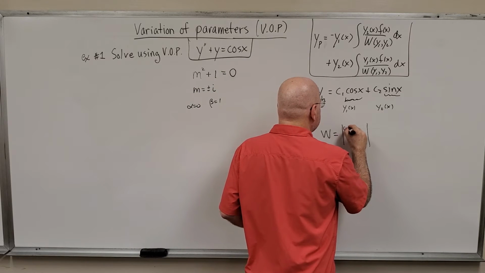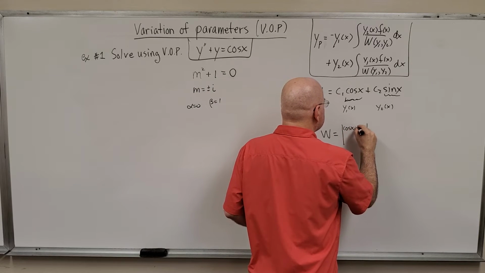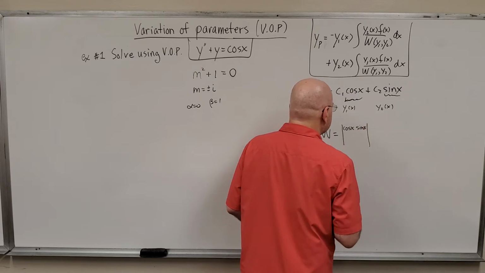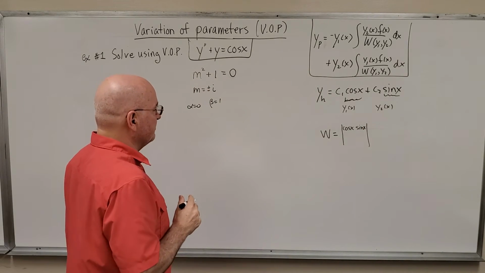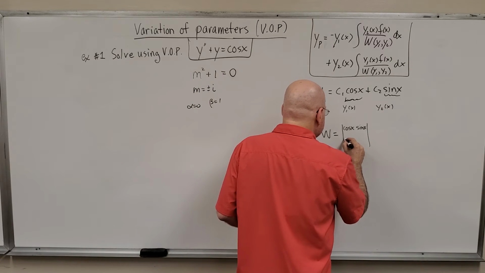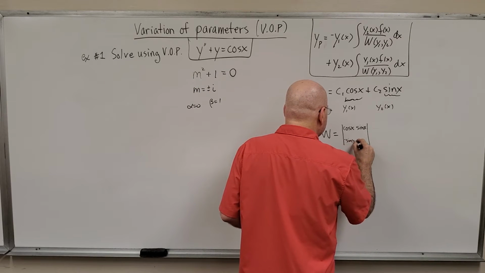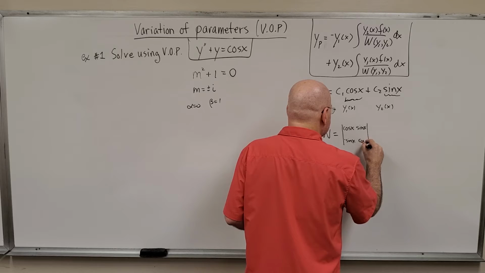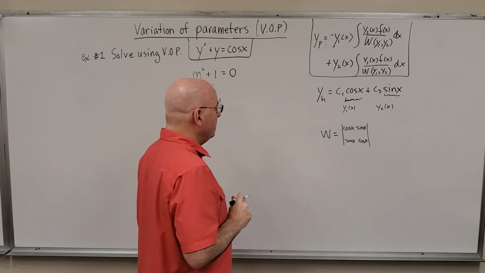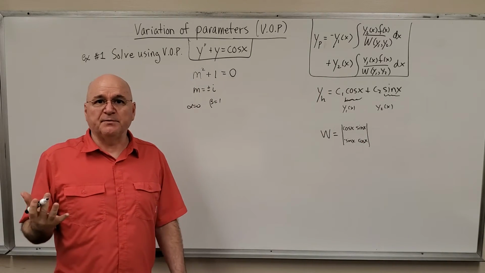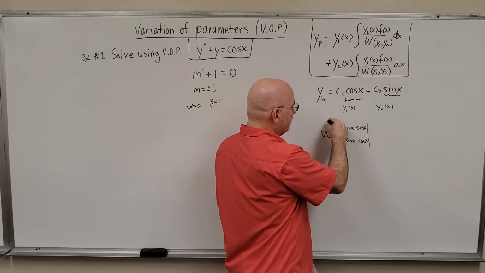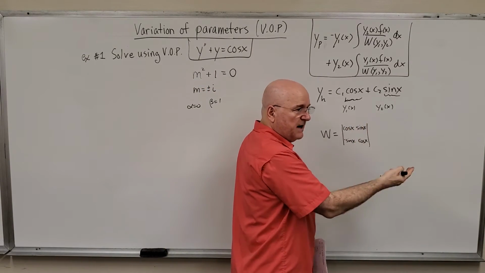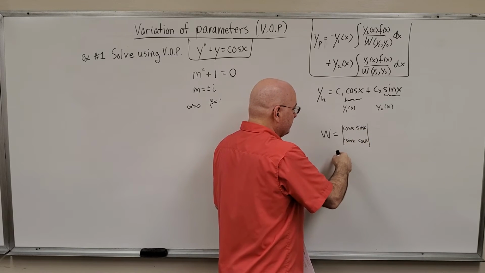So we take cos x, sine x, and then below that we take the derivative of both of those functions. First derivative: derivative of cosine is negative sine. Derivative of sine is cosine x. So that's the Wronskian, and we can simplify that now. We know the determinant of a 2 by 2 you get by multiplying this diagonal minus multiplying this diagonal.